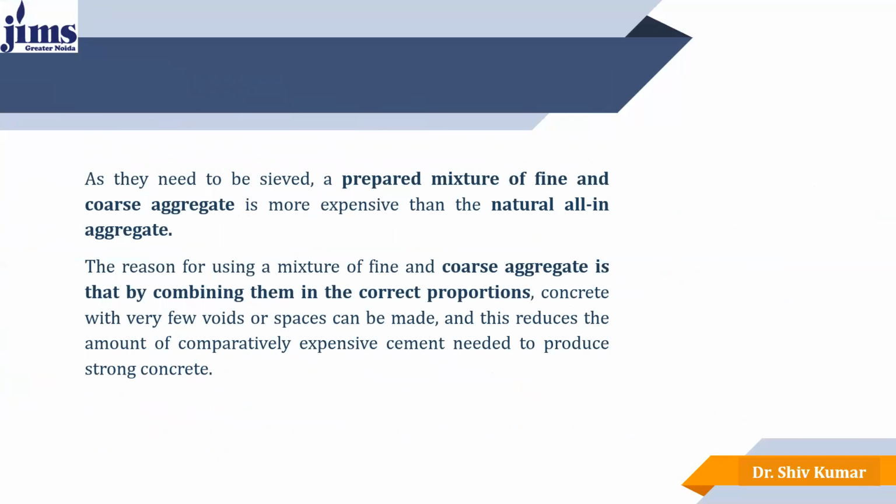A prepared mixture of fine and coarse aggregate is more expensive than natural all-in aggregate, as they need to be sieved. The reason for using a mixture is that combining them in the correct proportion makes concrete with very few voids or spaces, and this reduces the amount of comparatively expensive cement needed to produce a strong concrete.